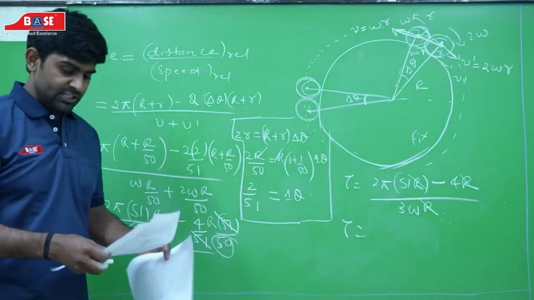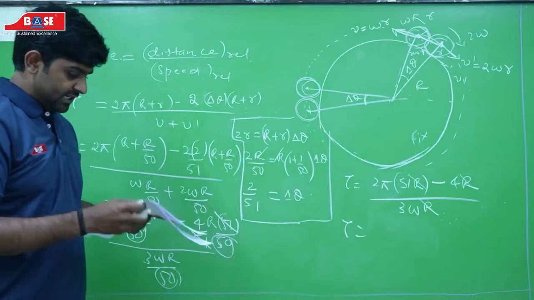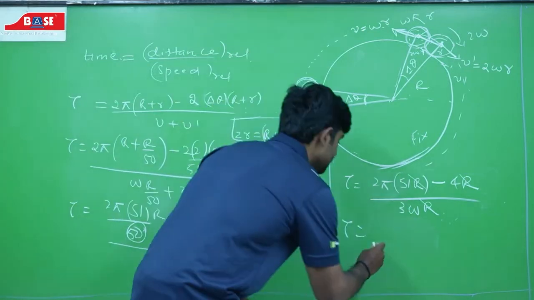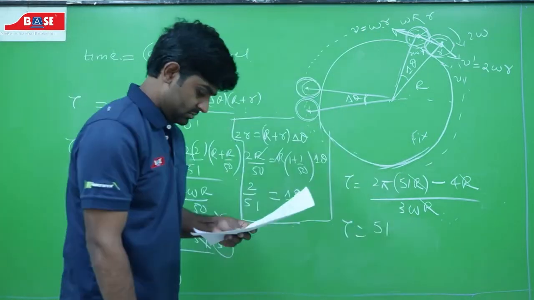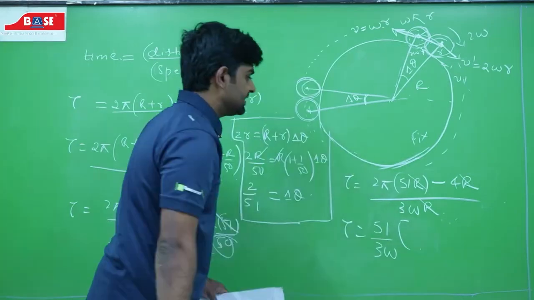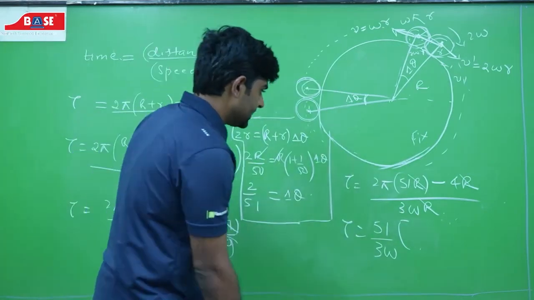And let's look at the options. We need this 51 outside, so let me take 51 outside, and let's have 3 omega outside, and we'll see what is there inside the bracket.